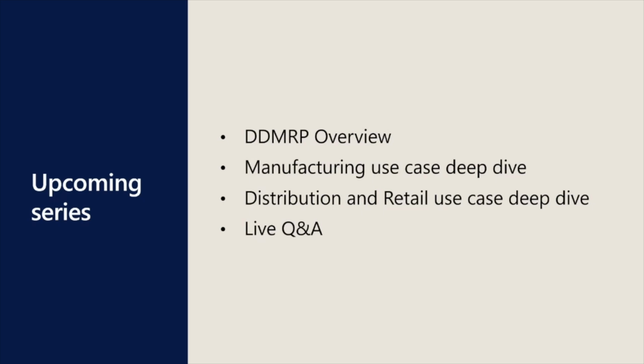But we do plan to add additional sessions upcoming to talk about specific use cases in manufacturing, distribution, and retail for DDMRP, as well as if there is interest in having a live Q&A session where we just spend an hour answering any questions that you may have on DDMRP. So please do let us know in the chat, or in the survey, what sessions would be useful to understand more about this functionality and whether you would be interested in a live Q&A on this new functionality.